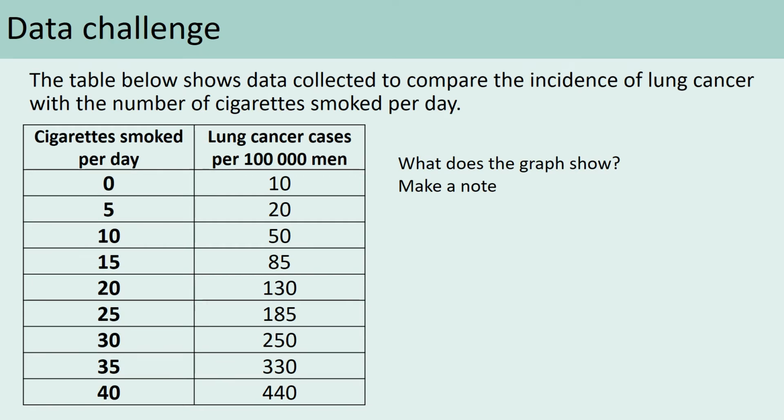What is the relationship between cigarettes smoked per day and the number of lung cancer cases? Can we be definitive in saying that one is causing the other? Is it a causal relationship, or is it just correlation? Is there just a relationship there? Pause the video and pop down your thoughts on what this data is showing, and whether you think we could say there is a causal relationship between these two pieces of information.